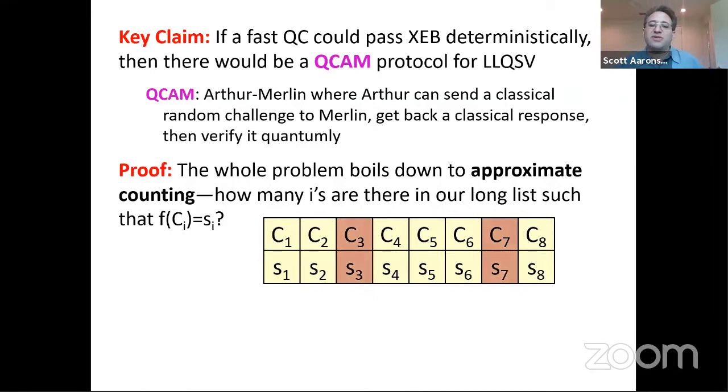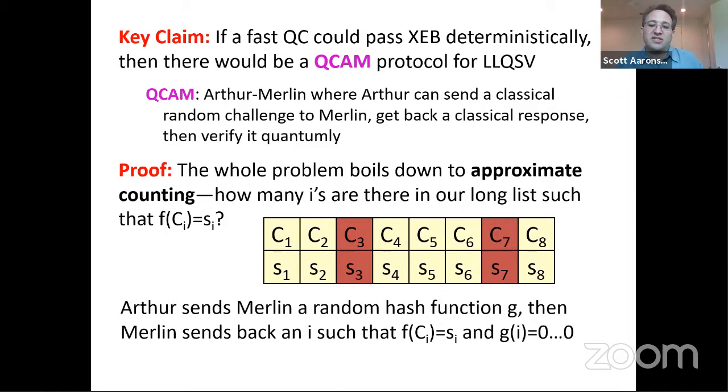This is an exponentially small subset, but with the help of a Merlin, we could do approximate counting to lower bound the size of this subset and figure out whether there are more circuits than we would expect in the purely random case for which the sample is actually what the function f produces when you run it on that circuit.